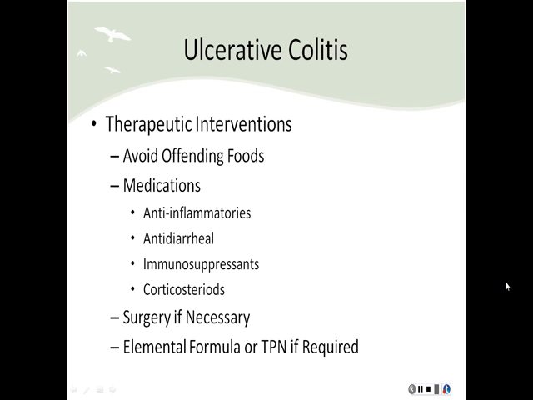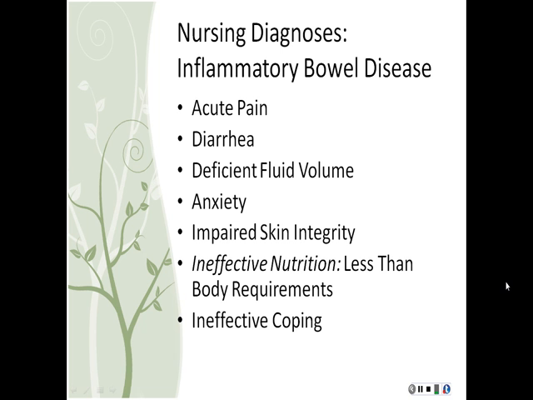Surgery may be needed if symptoms are bleeding or severe, or if the patient develops a toxic megacolon or a perforation. The surgery that can be done to cure ulcerative colitis would be removal of the colon. Again, supplements may be needed to avoid or correct problems with malnutrition.